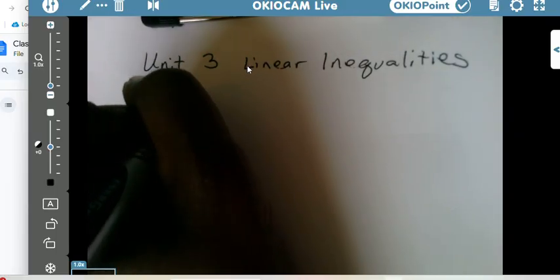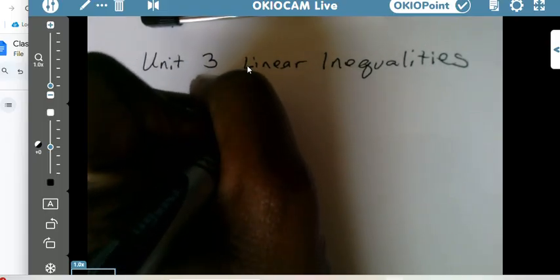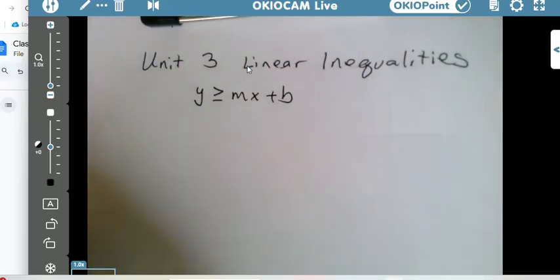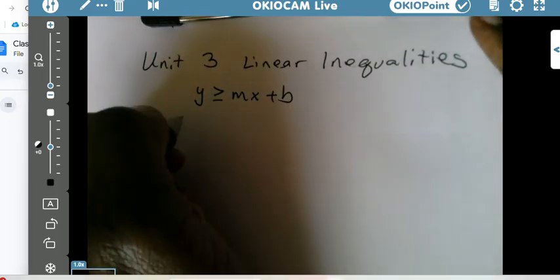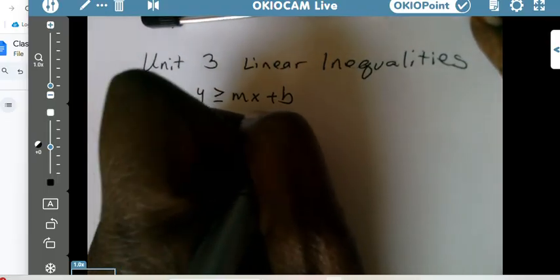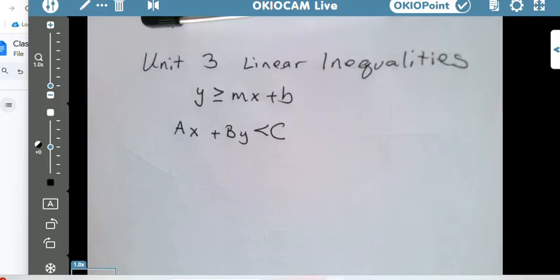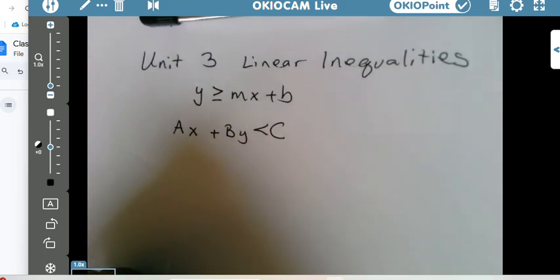All right, so these have a form of y is greater than or equal to mx plus b. This inequality symbol can change to be less than or equal to, greater than or equal to. The other form that you'll see is ax plus by is less than c. This inequality symbol again can change.